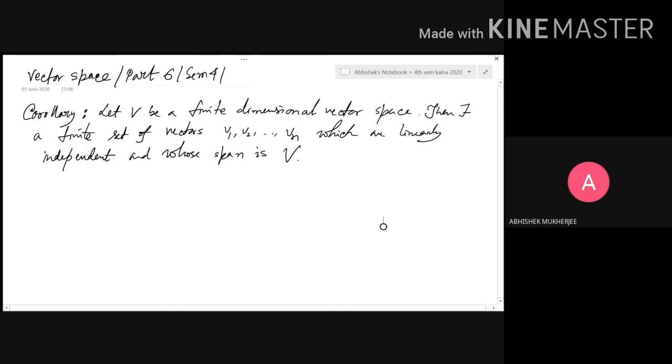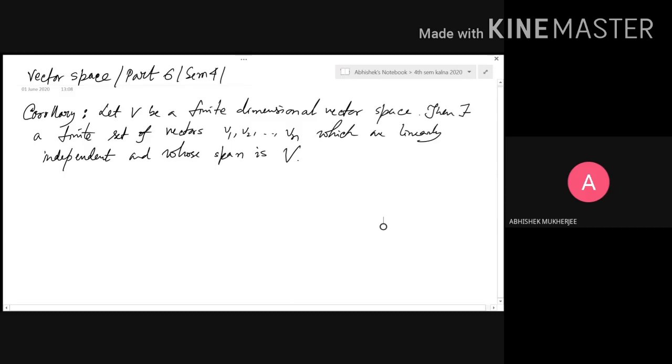Now I would like to define linear independence and linear dependence for any subset. I have already talked about linear dependence and linear independence for a finite set of vectors, and now I am going to define it for any subset of a vector space V. So what is the definition?